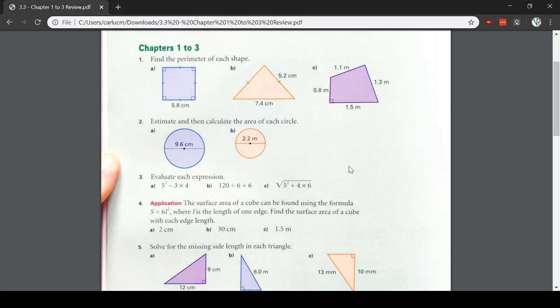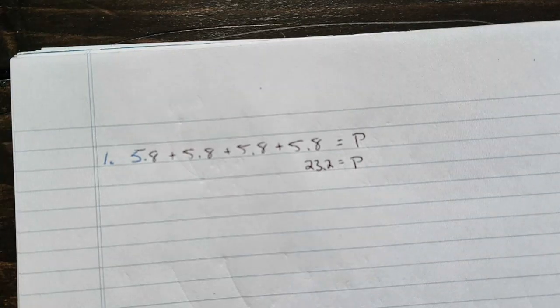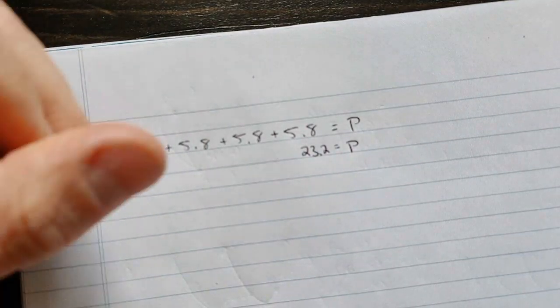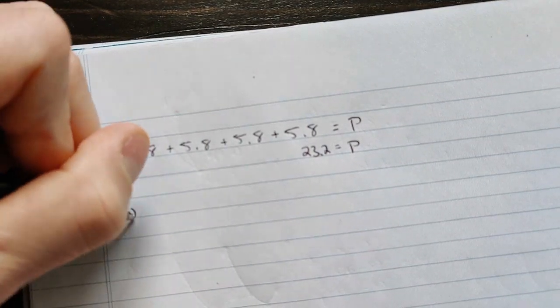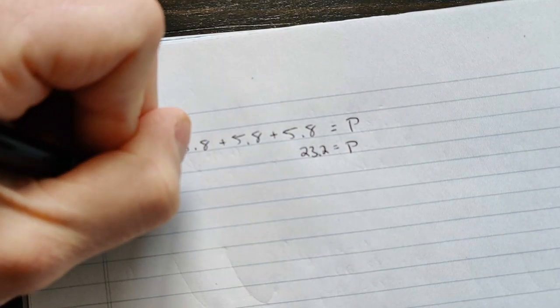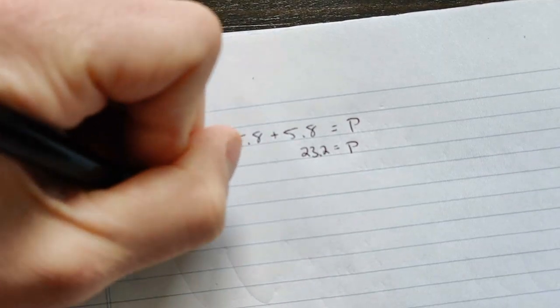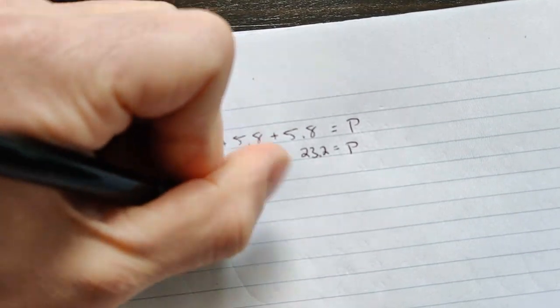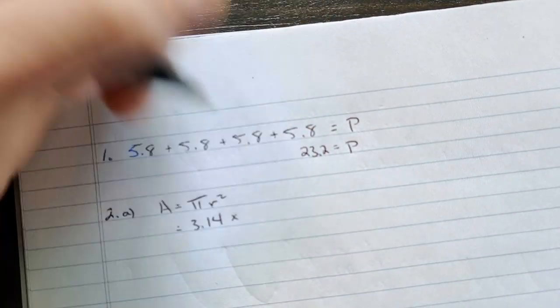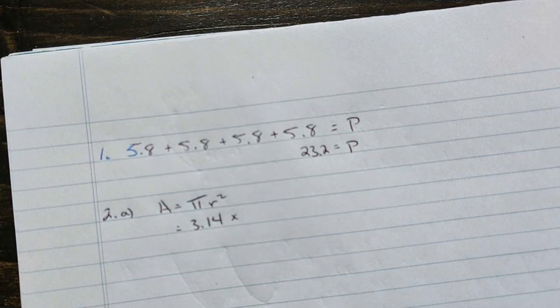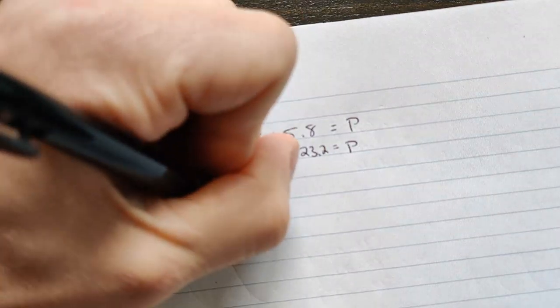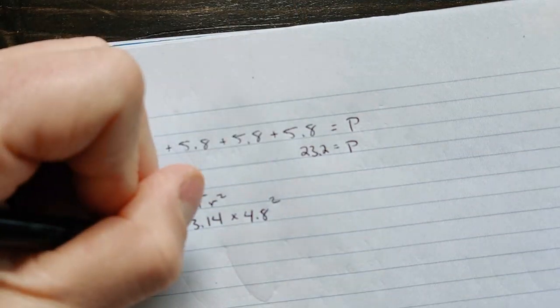And then if we actually calculate that, this is number 2a. Area equals pi r squared, so 3.14 times half of 9.6, which is 4.8. We're going to square 4.8.